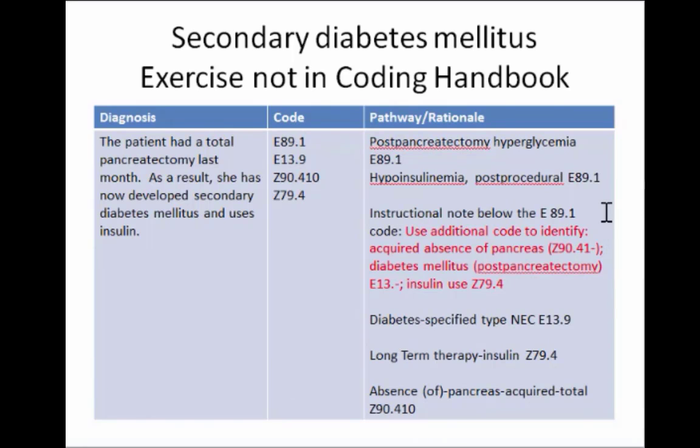Note that there is an instructional note below the E89.1 code that tells us to use that Z90.41 code for the absence of the pancreas, acquired absence, meaning the patient had it removed, and then our post-pancreatectomy E13 code and our insulin. Secondary diabetes comes under the specified type code for diabetes, which is E13.9. Here's our insulin, and here's our absence of pancreas.